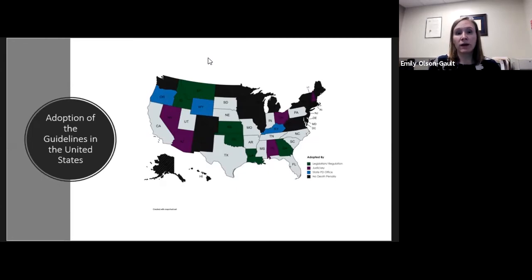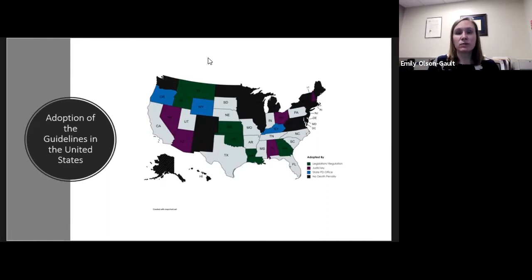Where you have an office that provides the representation for most of the state, if that office decides to adopt the guidelines as its own and require all of its lawyers to comply with the training requirements and all of its lawyers to comply with the performance requirements, to do the necessary investigation and retain the necessary experts, then you see the guidelines being put into effect even where they aren't required to be put into effect.